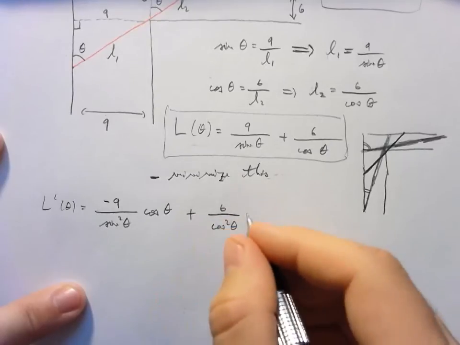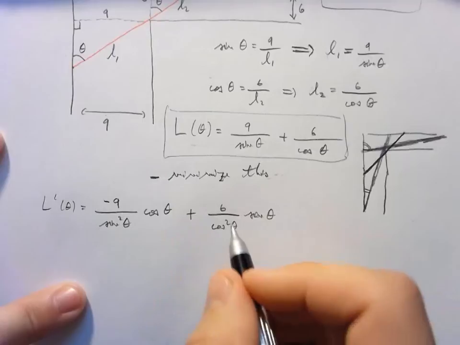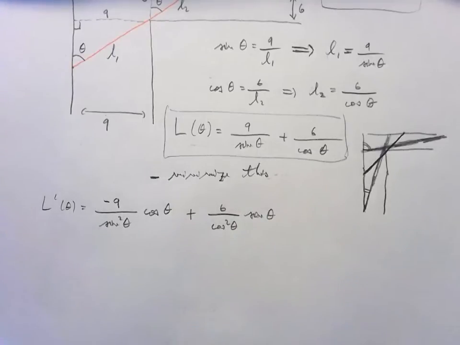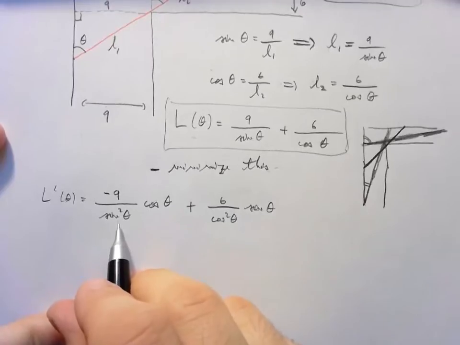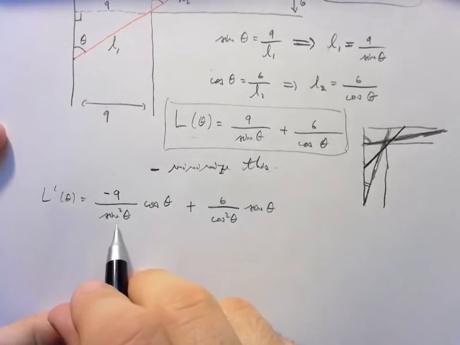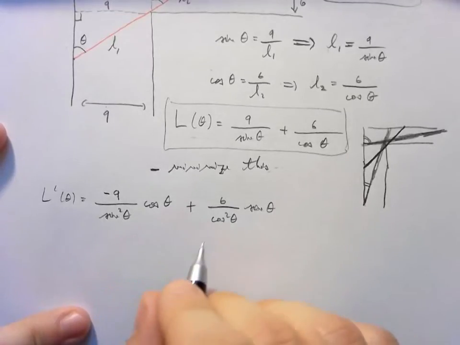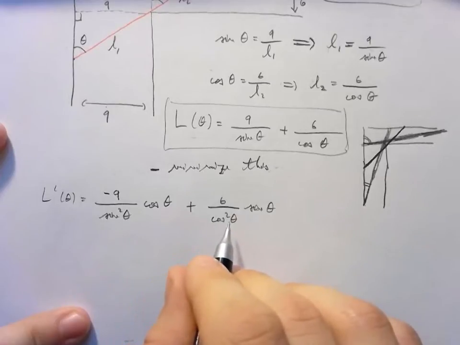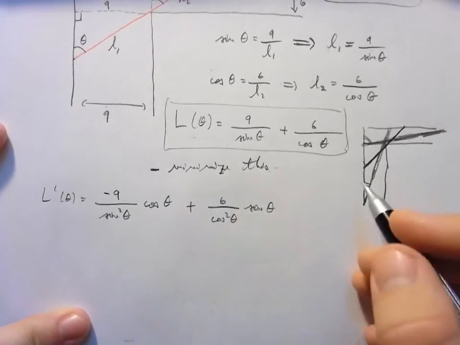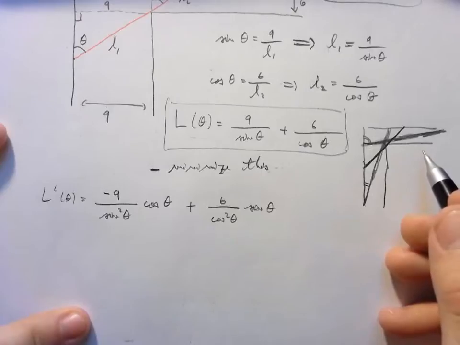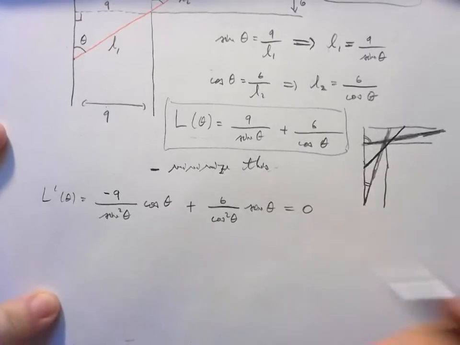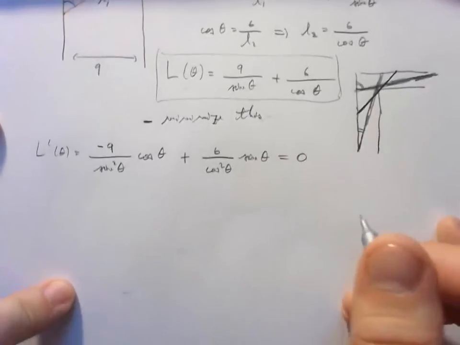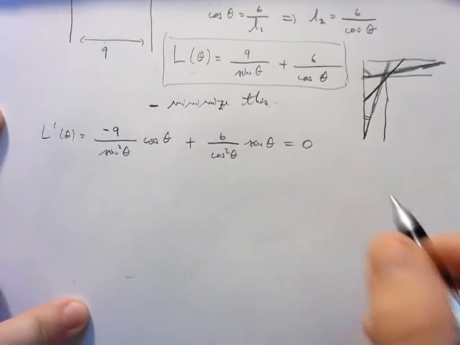So this becomes a plus, because I get an extra minus sign from applying the power rule. Notice this is undefined, like I was mentioning, when theta is pi over 2 and when theta is pi, and that corresponds to an infinitely long pipe. But we're not interested in that extreme value, so we can ignore those critical points and just look at when this is 0.